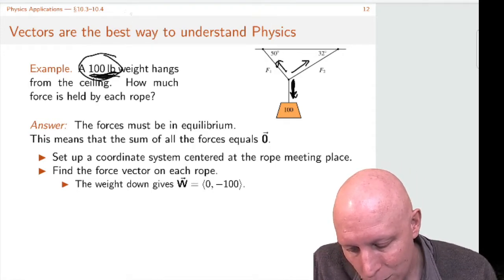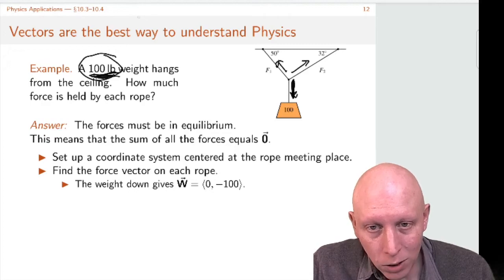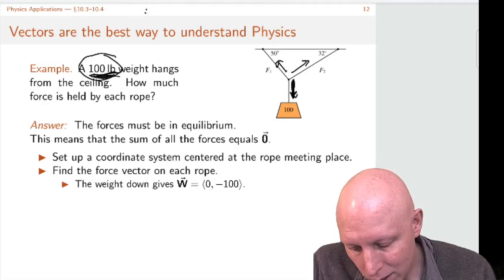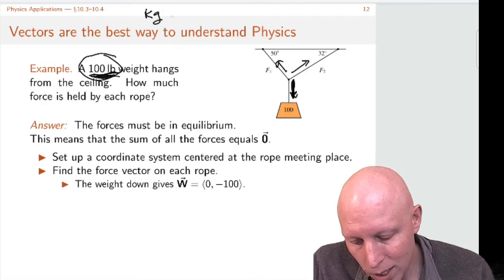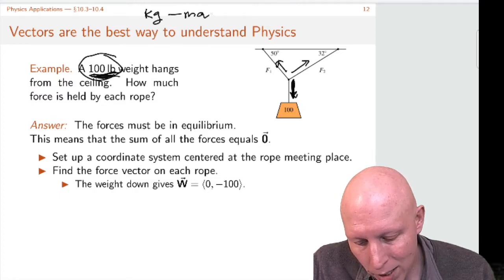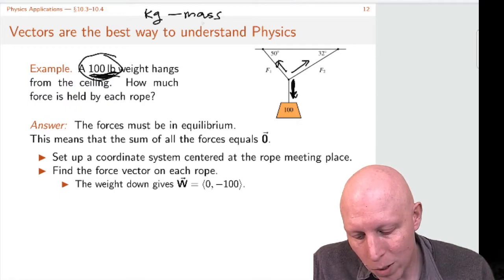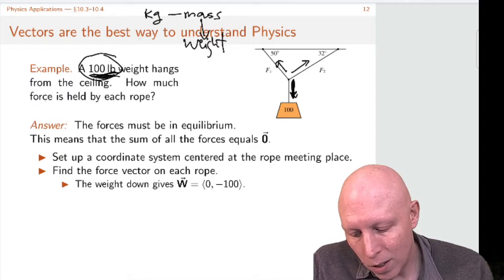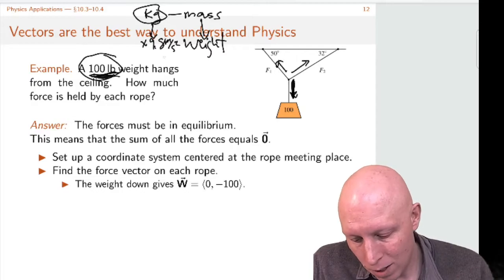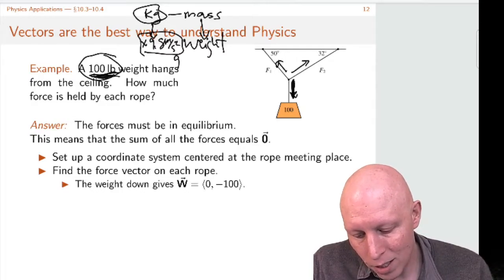You may have heard about the metric version of this, where you see kilograms. Kilograms, though, is a mass. If you want to convert a mass to a weight, you'll have to take whatever your mass is in kilograms and multiply by 9.8 meters per second squared. This is gravity.